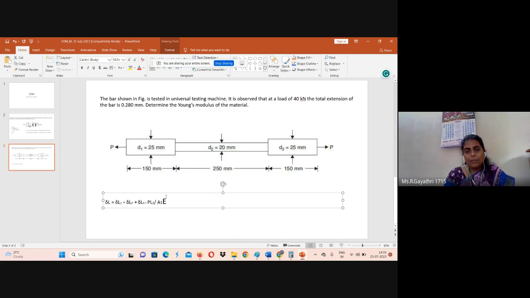So PL1 by A1. Area also not same. Individually, we need to find the area for every section. And Young's modulus, we can keep it as same. Okay, next, second section. Del L2 formula: PL2 by A2E.